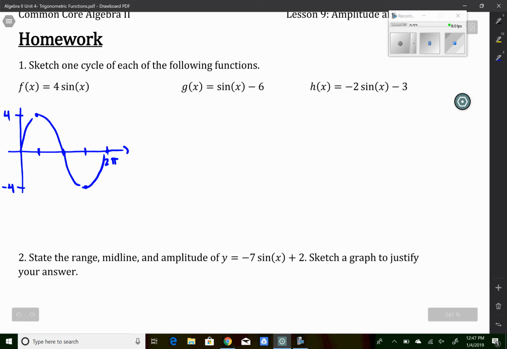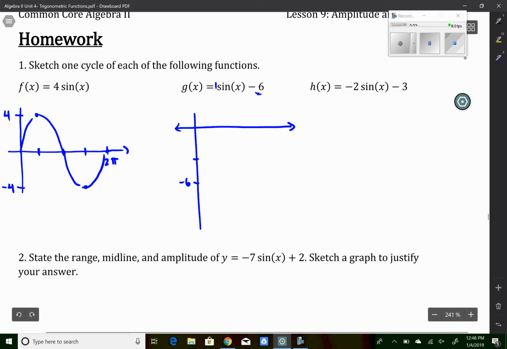The next one also asks us to graph a sine curve, but this one has a -6. So this is going to have a different midline. The amplitude, however, is just 1. If I was to graph this, I want to exaggerate where this is. So the x-axis is going to be up here someplace, and I'm going to have the midline at -6. Since the amplitude is 1, I'm going to go up 1, down 1, and then draw the midline in.